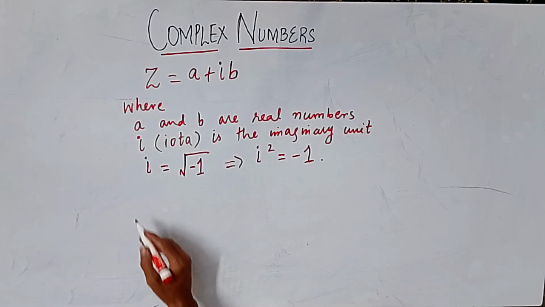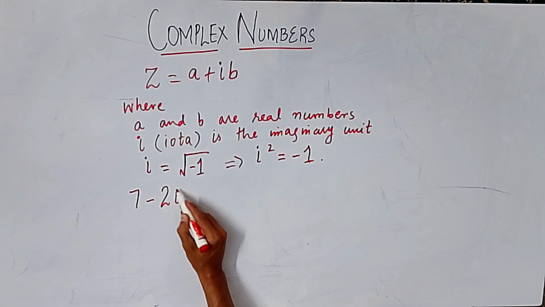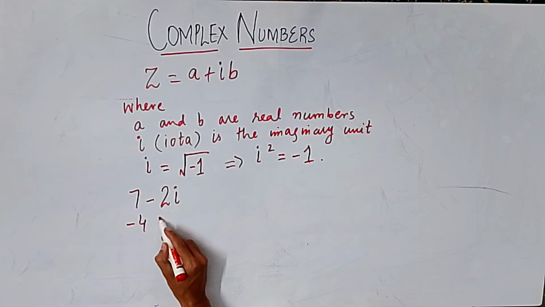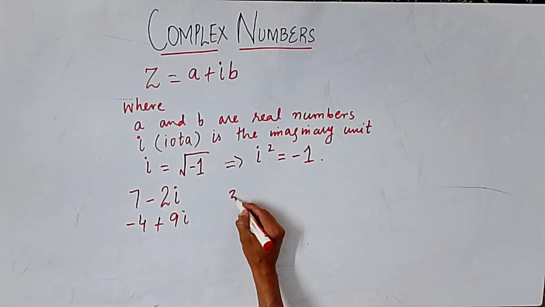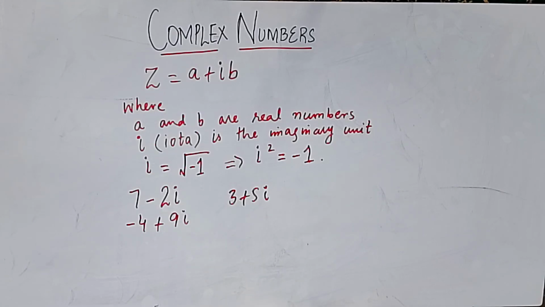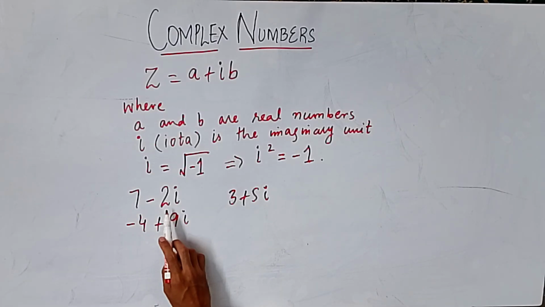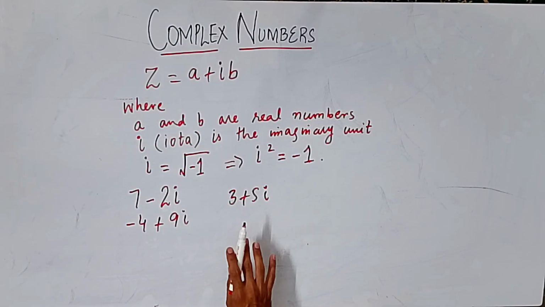For example, 7 minus 2 iota, minus 4 plus 9 iota, 3 plus 5 iota. They all are complex numbers, where 7, 2, minus 4, 9, 3, 5 are all real numbers.